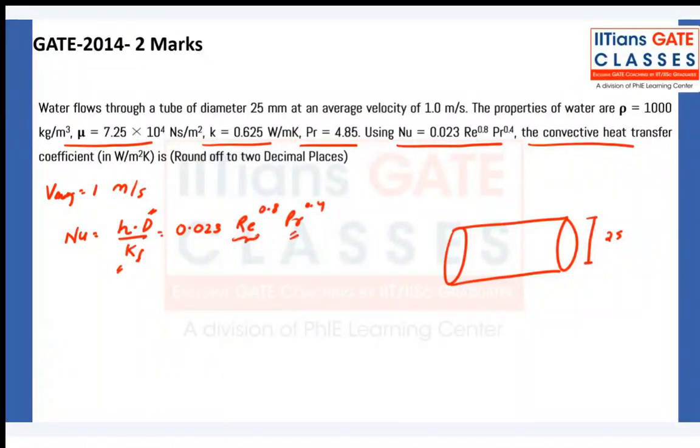So calculate Reynolds number, rho v average d upon mu. I know everything. Calculate very quickly. Tell me what is the Reynolds number.